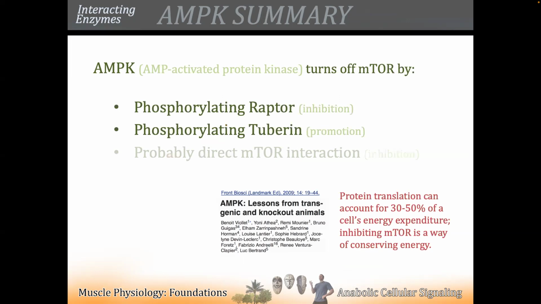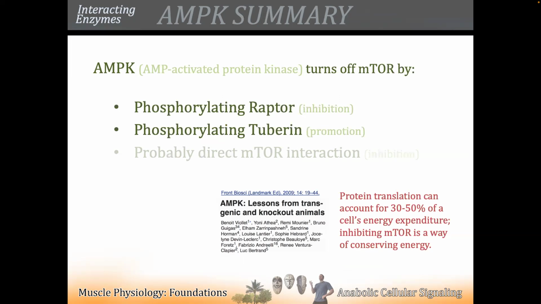Once AMPK is active, it phosphorylates, activating tuberin, and that inhibits Reb. Tuberin inhibits Reb. It also phosphorylates, inhibiting Raptor, so it prevents mTOR from kinasing its downstream targets. And then there's evidence that it's phosphorylating mTOR directly, inhibiting it.